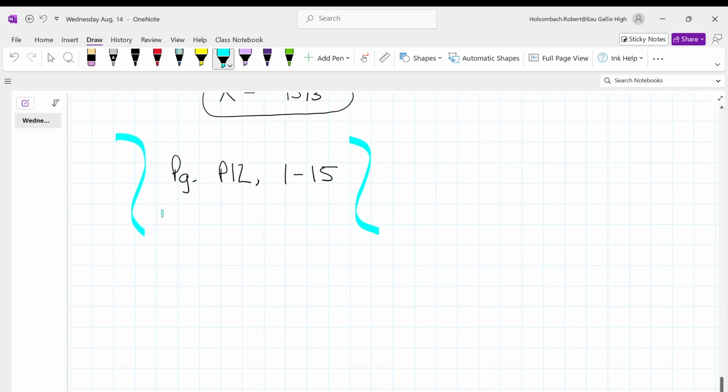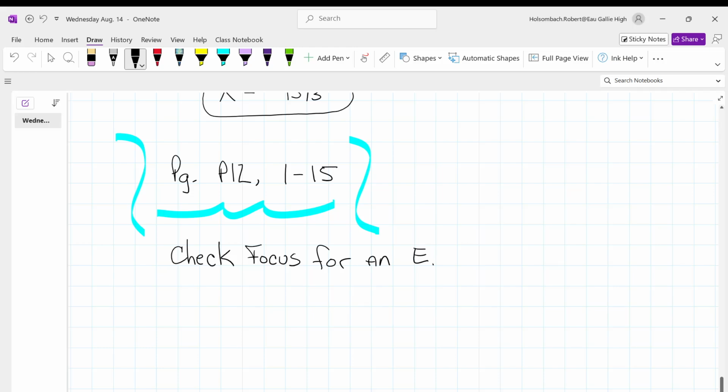That's your practice. And then be sure to check Focus for an electronic assignment. And complete your poster.